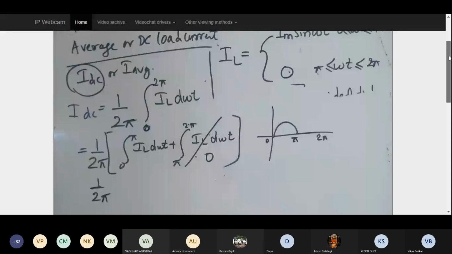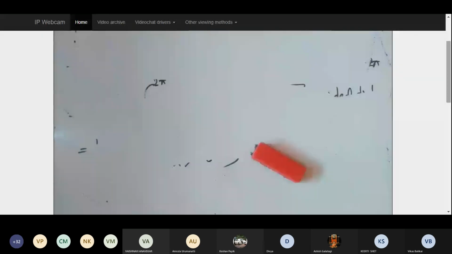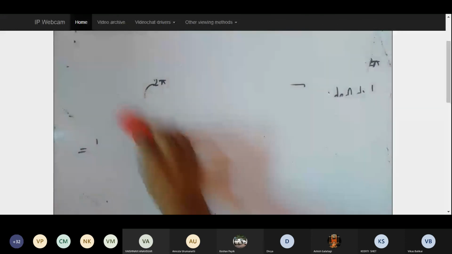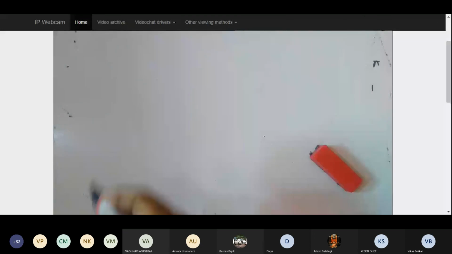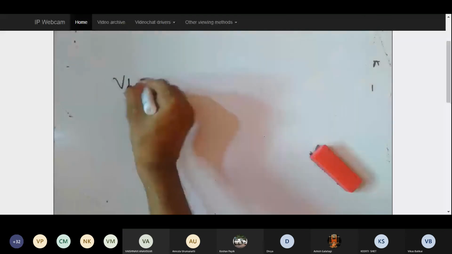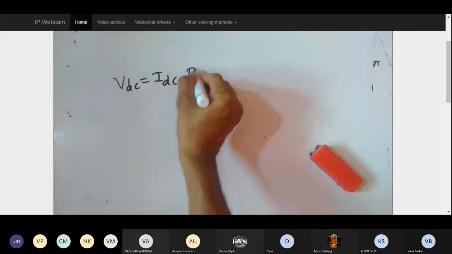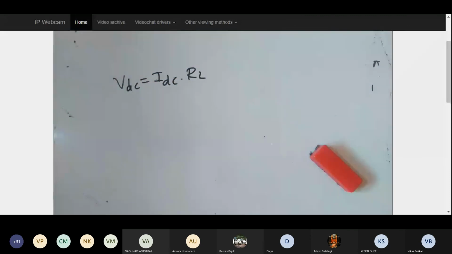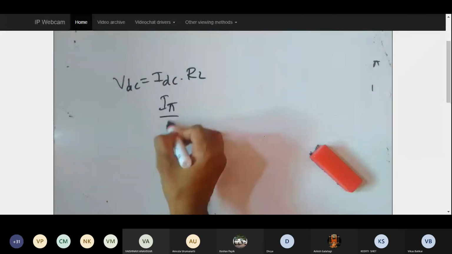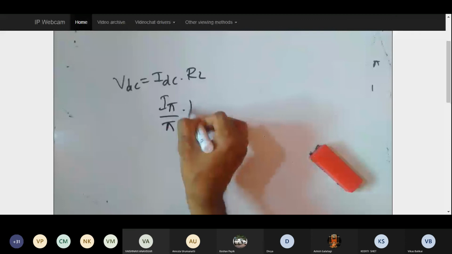Once I know my average IDC and VDC for the ideal scenario, let's quickly get into the practical scenario, with a practical diode. Let's say VDC is equal to IDC into RL, and IDC is Im by pi into RL.